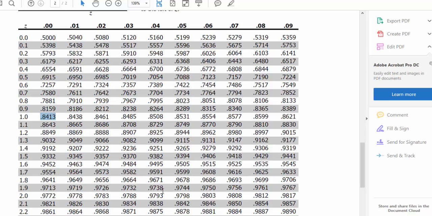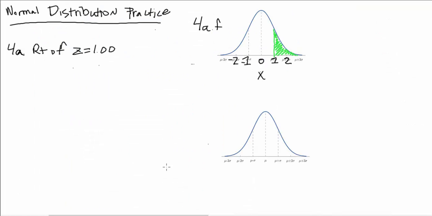So the area to the left of z is 1.00 is 0.8413. Let's jot that down real quick. So to the left equals 0.8413.